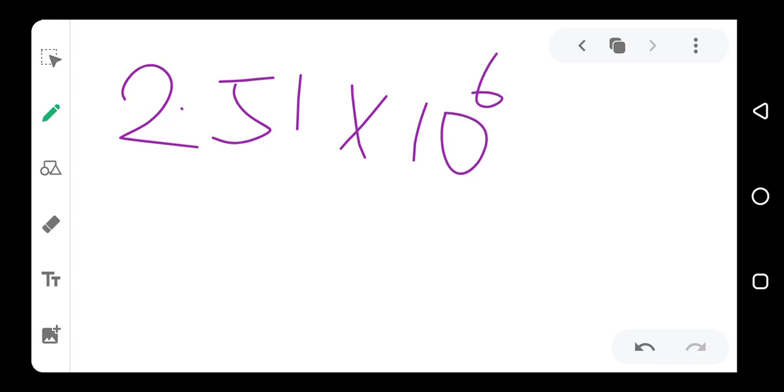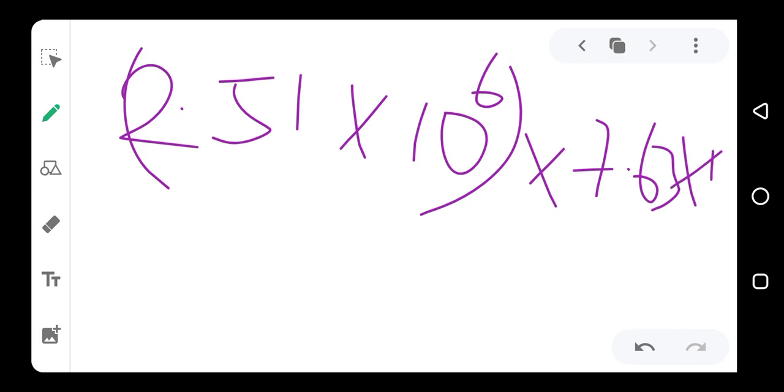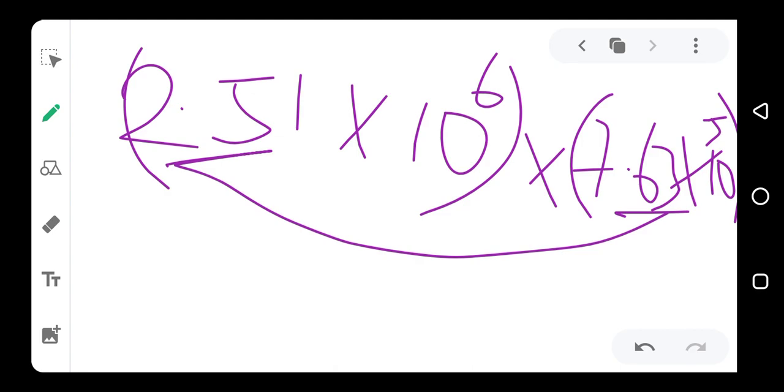Now let's look at another example. If we have 2.51 times 10 raised to power 6, times 7.63 times 10 raised to power 5, how do we multiply these numbers expressed in standard form? We multiply this one by this, and whatever it gives us, we take one of the tens and then we add the power.